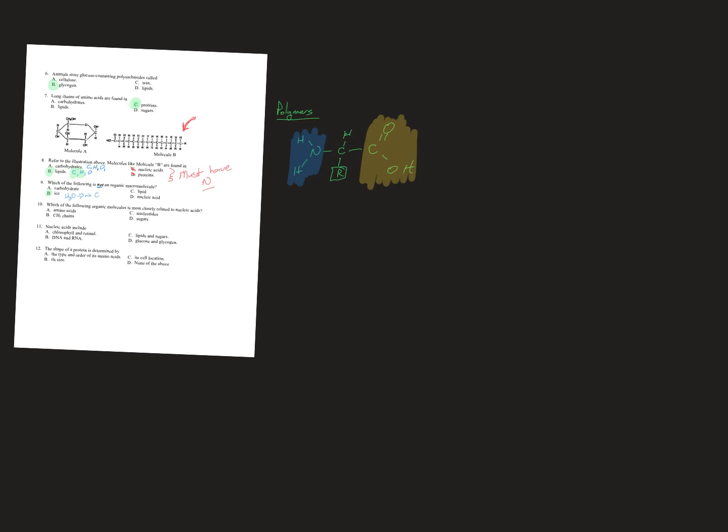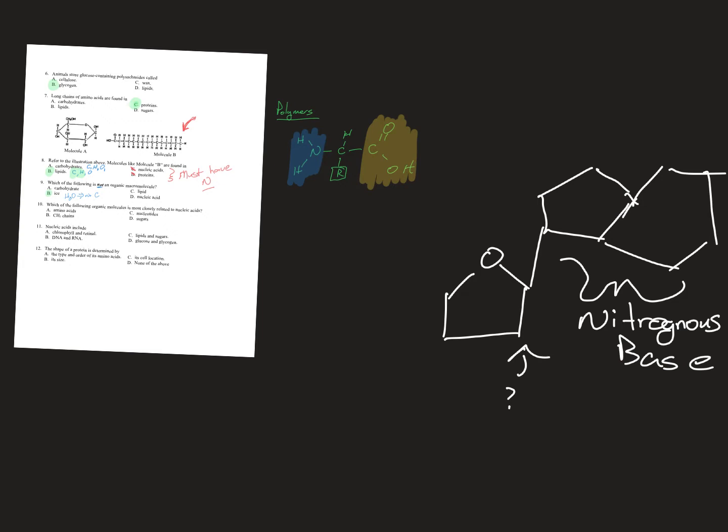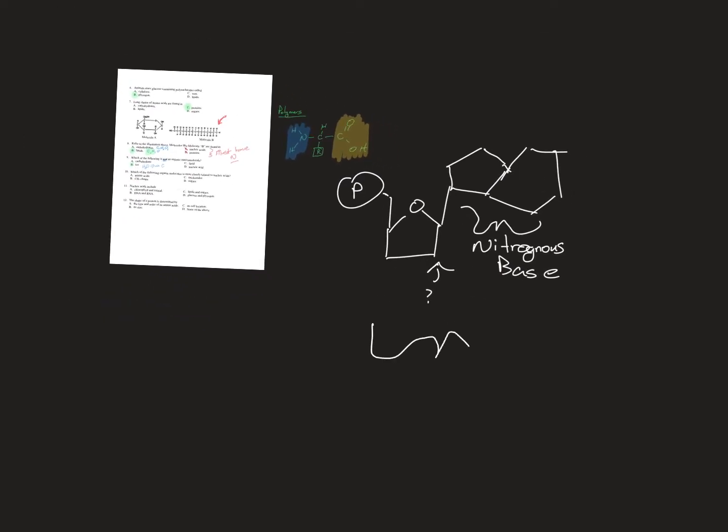You're going to have this structure that we call ribose. I'll put a ring here, and I even said I'll put a kind of double ring on it. This is going to be a nitrogenous base. And I said the difference between DNA and RNA is going to be there, one of the differences. And up here, this carbon is going to be connected to a phosphate group. And we're going to call this thing a nucleotide.